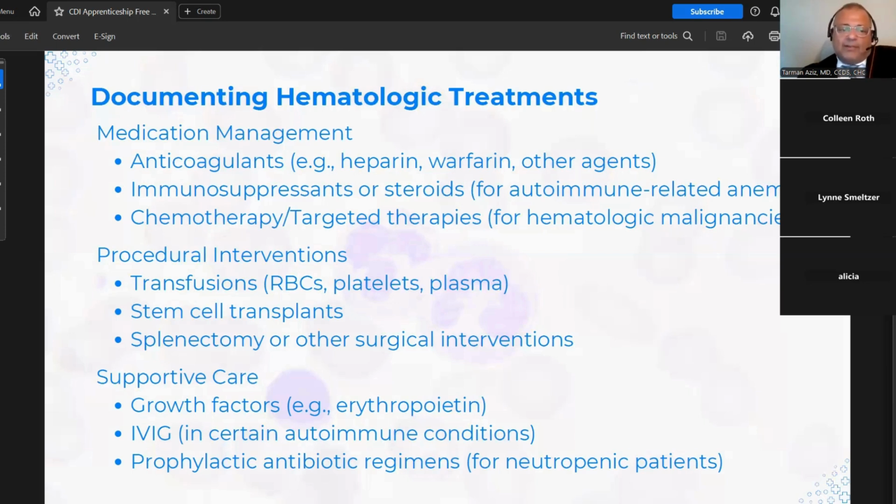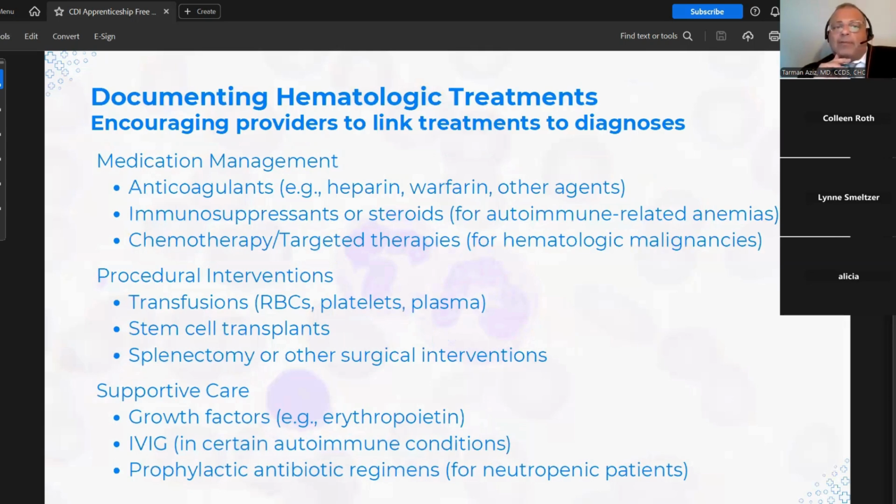Intravenous immunoglobulins are given for certain autoimmune conditions as well, so that can be a trigger to consider why that's being administered. And also there are a number of prophylactic antibiotic regimens when the absolute neutrophil count starts to drop to a lower number so that we help prevent certain particularly life-threatening bacterial and other infection.